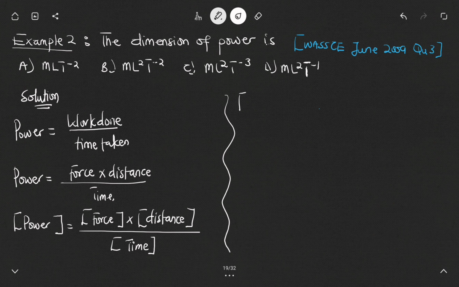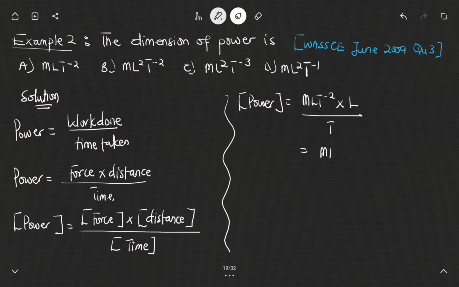From here, the dimension of power is equal to that of force, which we saw in the previous example is MLT minus 2, multiplied by distance, which is also L, over time, which is T. So I have L here, so it becomes L squared.